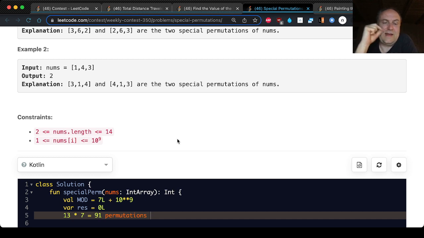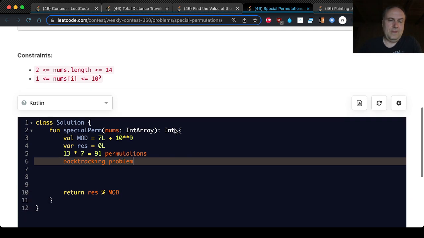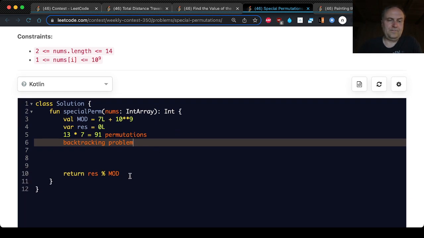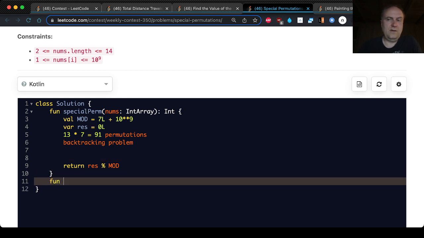So it seems like a backtracking problem. So I test each permutation, and as soon as a permutation is incorrect, I stop. Right? I don't know, so it's going to be fun.